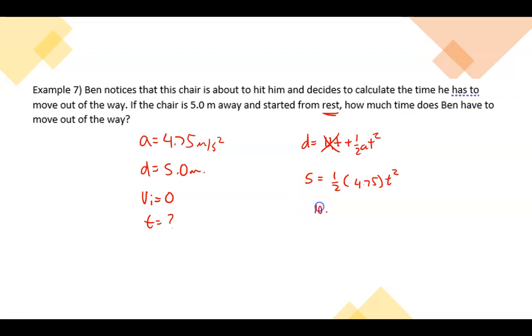Multiplying both sides by 2 to get rid of the 1/2, we're going to take 10 divided by 4.75 to get 2.10 is equal to t squared. And then we're going to have to take the square root. It's 1.45 seconds that he has. Unfortunately for Ben, when he noticed, it took him more than 1.45 seconds before he got hit by the chair.